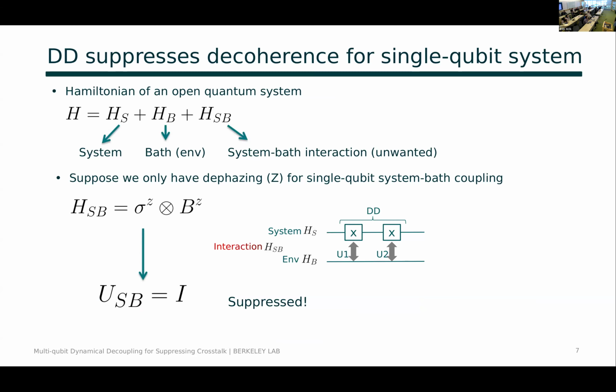Here's a brief explanation of how DD can suppress the decoherence error. The idea is that by inserting a DD sequence, the unitary of the Hamiltonian for the system-environment interaction will become like identity, so that it can reduce this error.